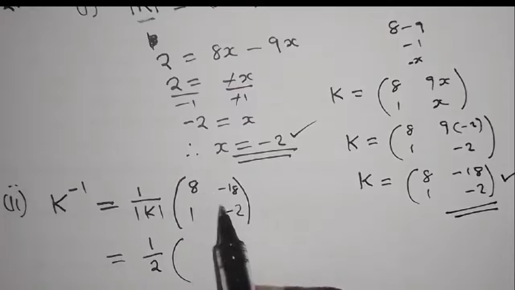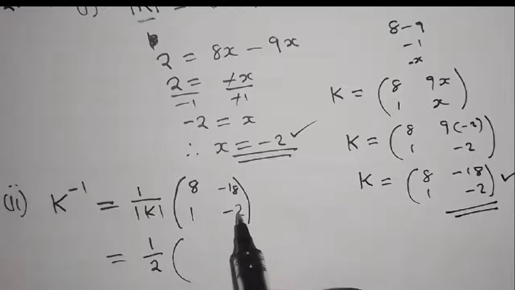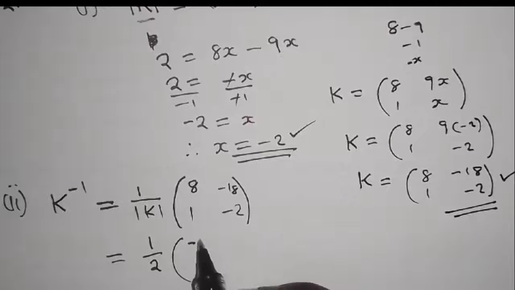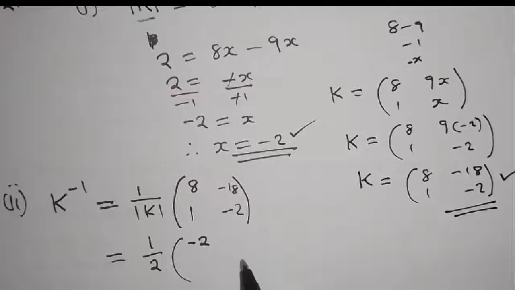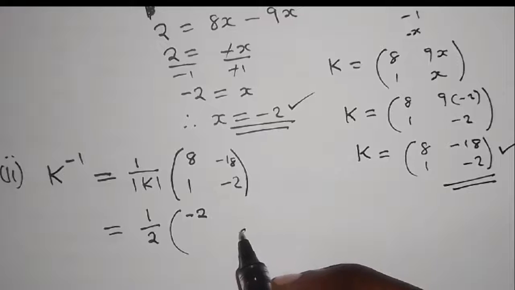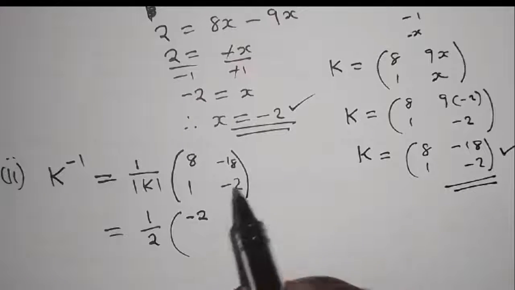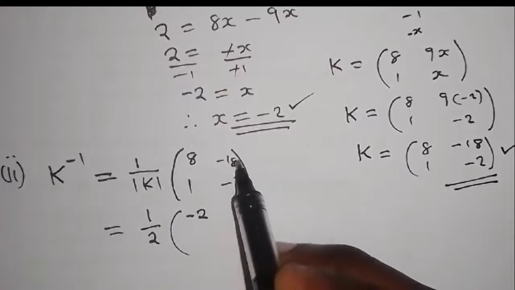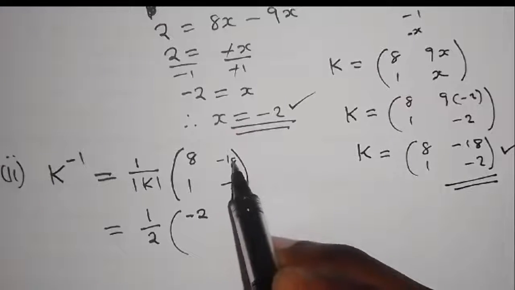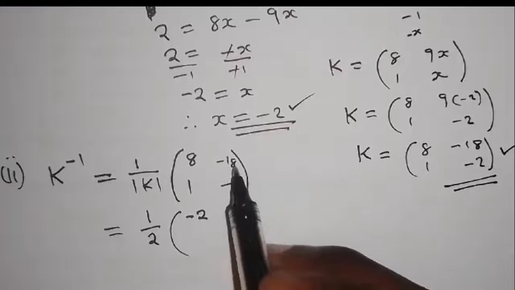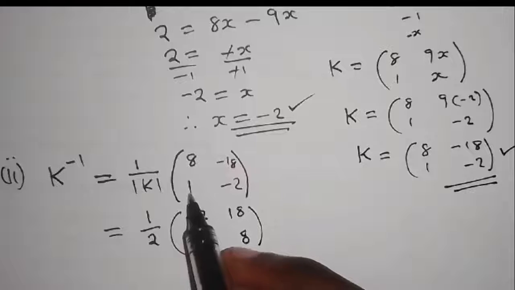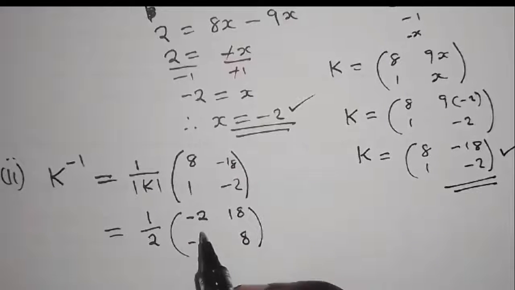And now this major diagonal, 8 and negative 2 entries, they are going to swap their places. So negative 2 will go where there is 8, and 8 will come where there is negative 2. So we have something like that. And then these negative 18 and 1, they are minor diagonals, so you have to change their signs. If it is negative, it becomes positive. If it is positive, it becomes negative.